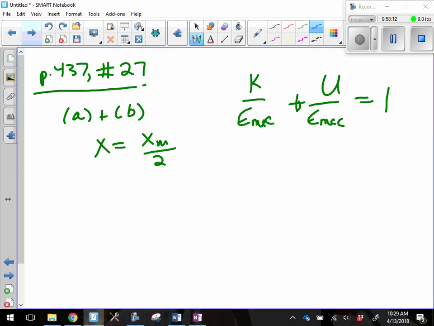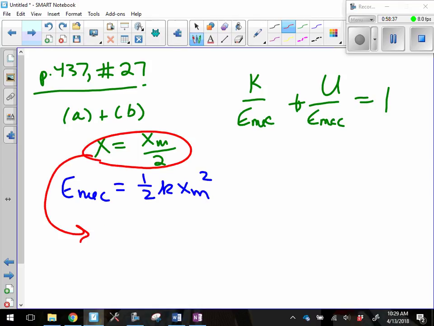So what's Emec going to be equal to? Yeah, the formula we just had, which was what? Okay, 1/2 k xm squared. And then since what we have is a position, it's usually easier to calculate the potential energy when we have position. Because what's my formula for potential energy when I've got a mass on a spring? 1/2 kx squared.